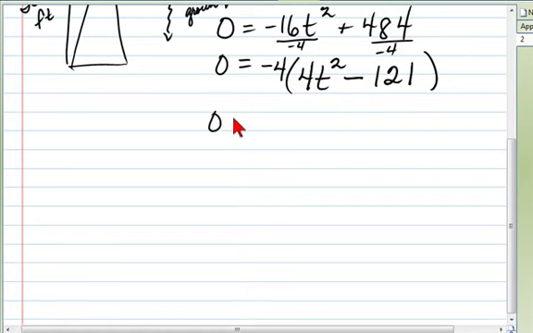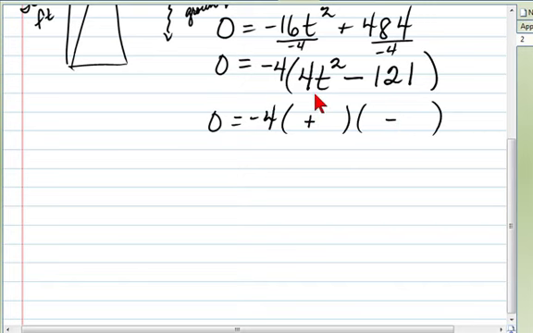Now, I'm going to hang on to that -4 and look at this binomial. We know 3 kinds of binomials to factor: difference of squares, sum or difference of cubes. Is it any of that? It is the difference of squares. The difference of squares factors into the sum and the difference of the square roots.